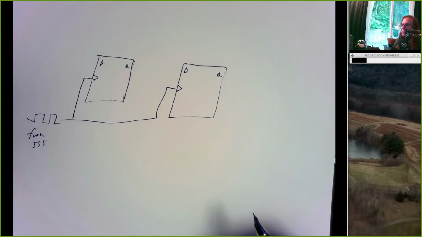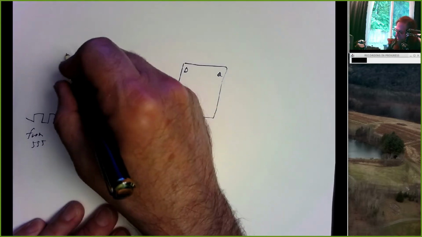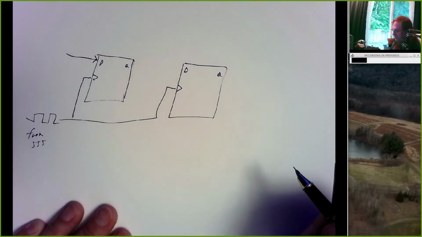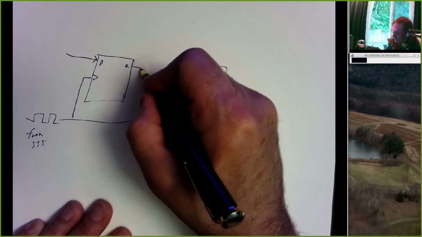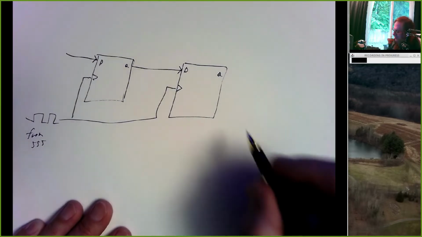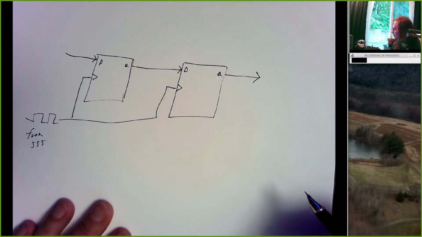So to make a shift register, the idea was let's feed something into this first flip-flop's D input, and let's take that first flip-flop's output and feed it into the second flip-flop's D input, and then take the output of that.